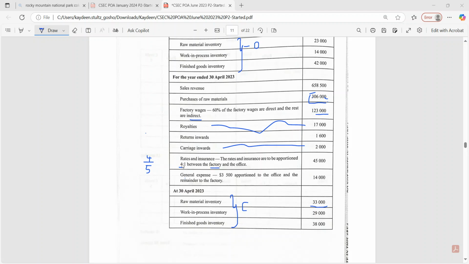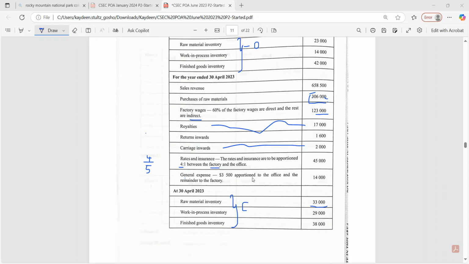So we are only concerned with the 4. So 4 over 5, or 4/5 of $45,000 is factory overhead. All right. So 4 divided by 5, which is 0.8, multiplied by 45,000 is equal to $36,000. So $36,000 of rates and insurance is factory overhead.